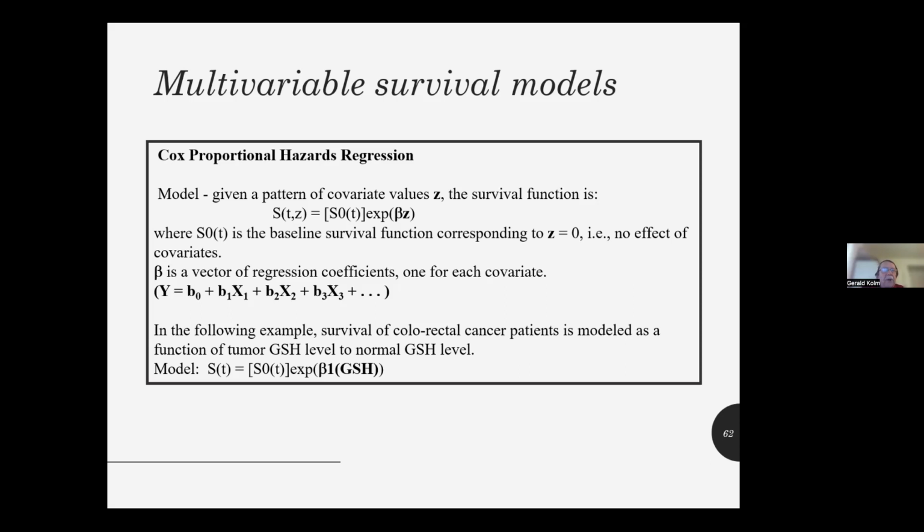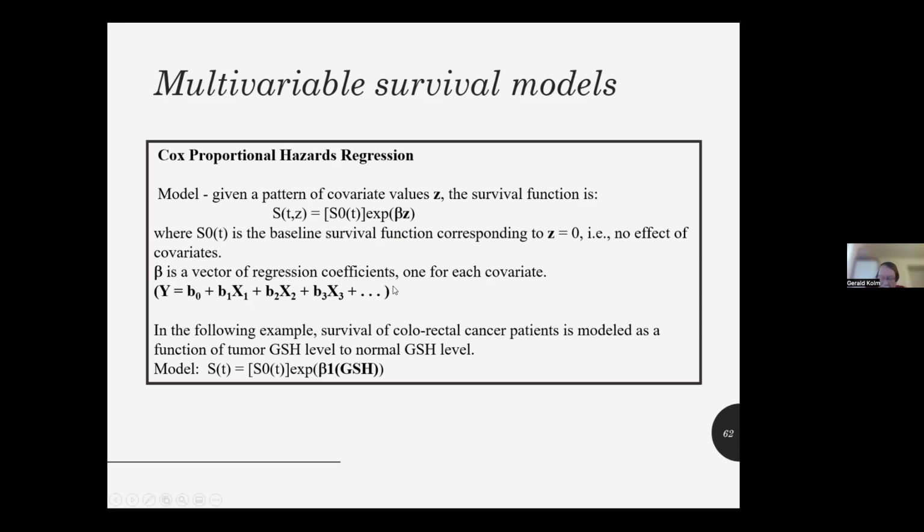And so in terms of the equation, it looks just like the regression equations that we had before, except now we're going to take our baseline time 0 or a survival time and exponentiate the regression coefficient times z. So again, what we're looking at is whether the regression coefficient here is 0 or is different from 0.